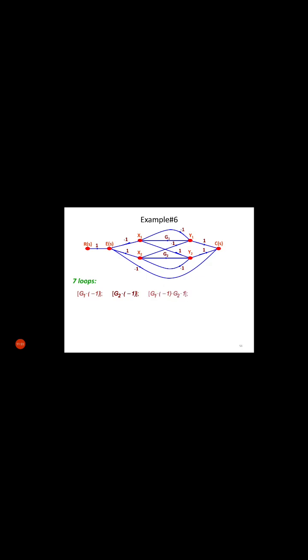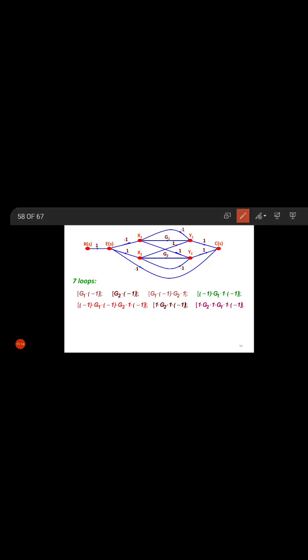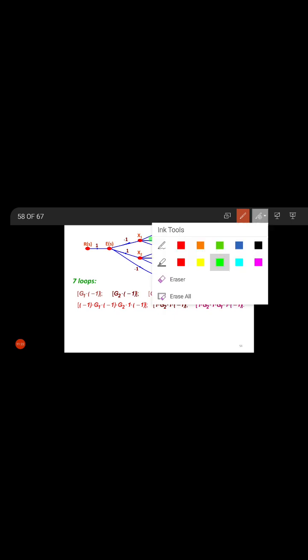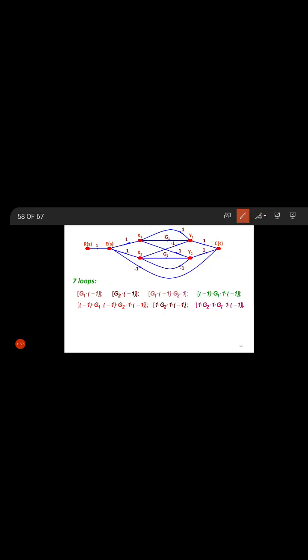Now see how many forward paths and how many loops are there. So see, there are 7 loops. So identify these 7 loops. Okay, so first loop is obviously this, G1 minus H1. Okay, then second loop is this, G2 minus 1.